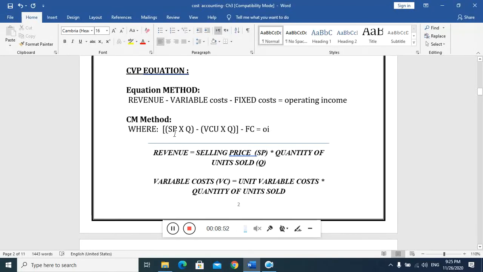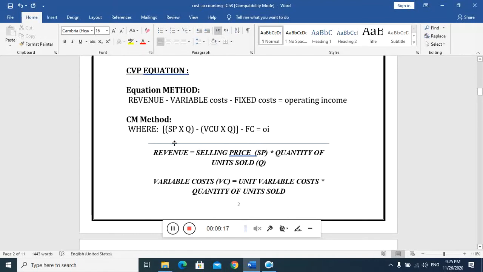We can use these equations in order to understand the equation method, from where we get the samples from the main equation. Revenue equals selling price multiplied by quantity sold.